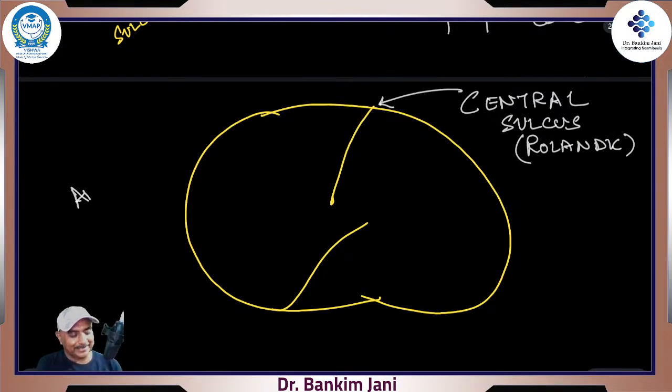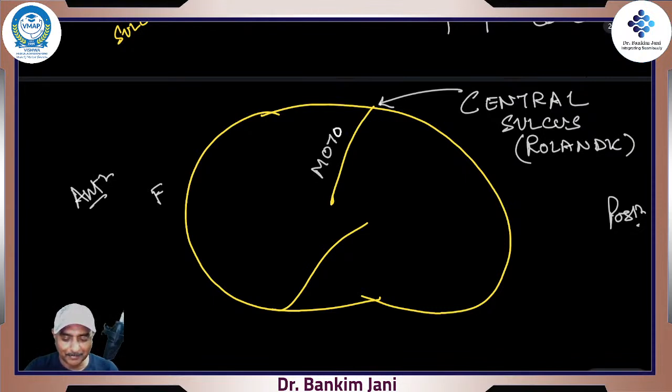This is anterior, this is posterior. So this is the frontal lobe. Central sulcus or Rolandic sulcus: in front of it is motor, and just behind it is sensory. See how easy it is.